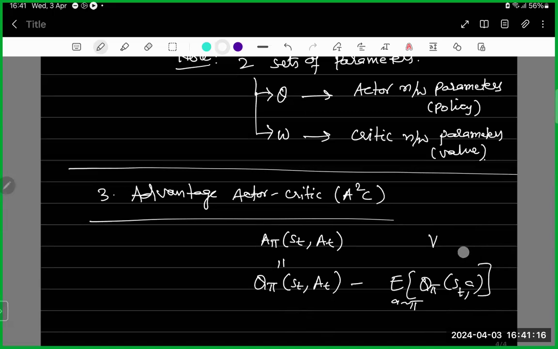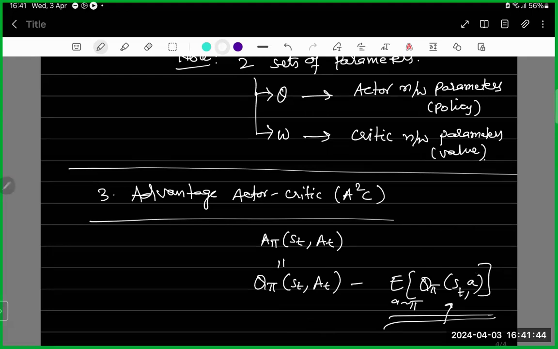So here the good thing is this term doesn't depend on what A_T is. So this is like the baseline, which is independent of what A_T is. It just depends on what S_T is, right? Given S_T, I can tell you what V pi of S_T is. I don't need to know A_T to tell this.